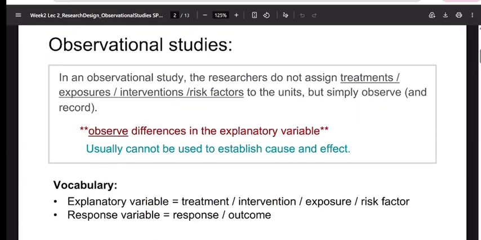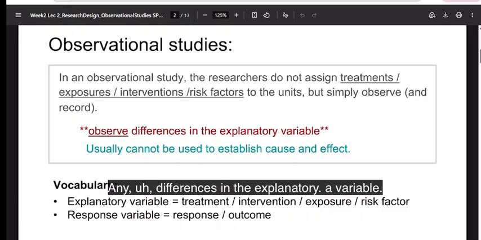Instead of us randomizing treatment, instead of the researchers having control of the explanatory variable, what researchers do here is just to observe any differences in the explanatory variable.